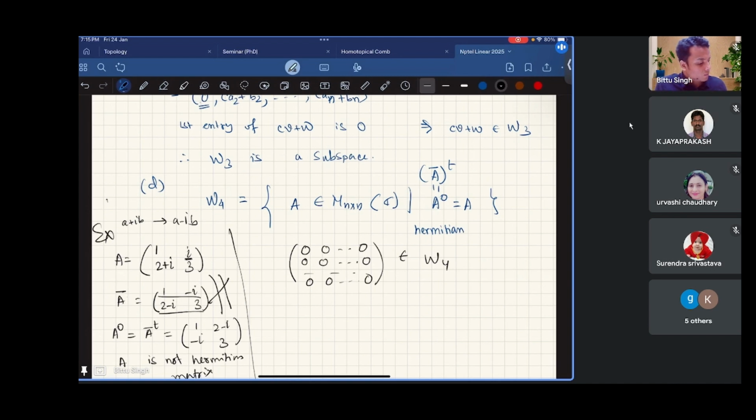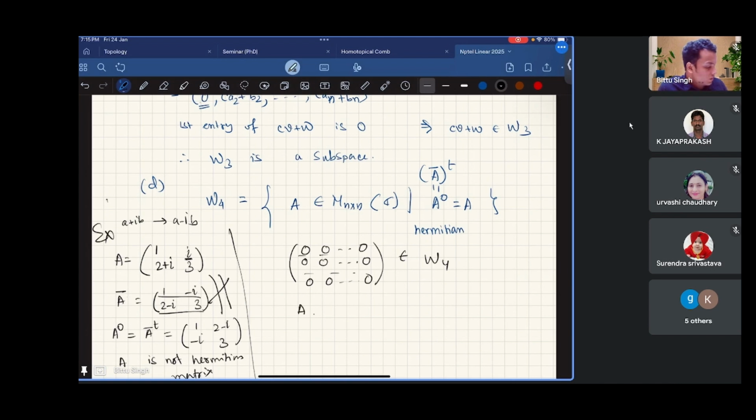So this is inside W4 because all zeros, those entries are complex number already, because real number is also a complex number. And if you do conjugation, because all entries are real, conjugation will be same. And again, this is symmetric, therefore transpose will be again the same thing. So this is inside W4.